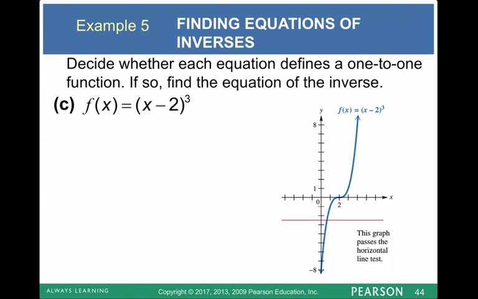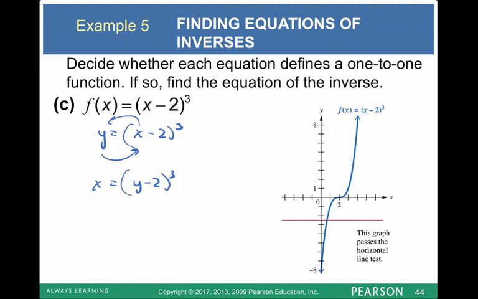So notice that this is the graph. No matter where we put a horizontal line, it passes the horizontal line test. So we can go ahead and find the inverse, right? If we have y equals (x minus 2) cubed, we switch the x and the y. So then we say x equals (y minus 2) cubed. Solve for y. So take the cube root on both sides.